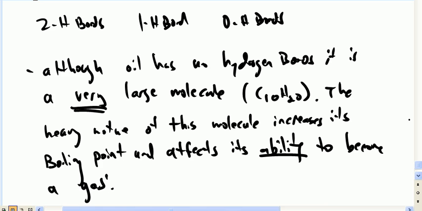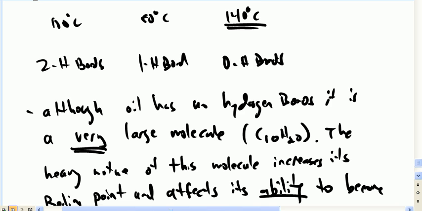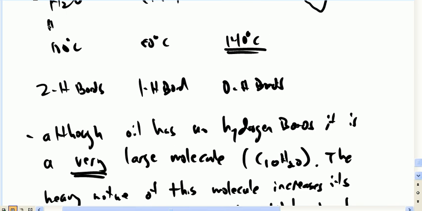So basically what I'm saying is that although there are no hydrogen bonds, because oil is such a large molecule, and let's go up here above this and write it in. We got H2O, we got C2H6O, and then we have C10H20. Because it's such a large molecule, it's going to have a high boiling point.